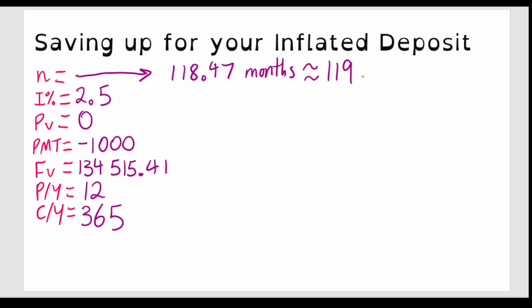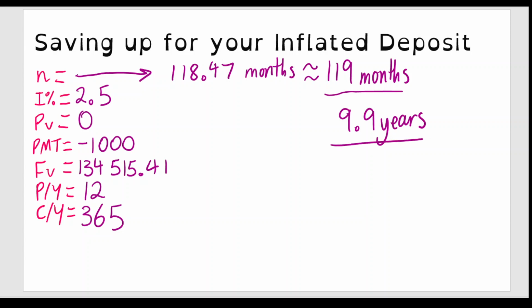We just always round it up. So we've got 119 months. If we calculate 119 divided by 12, that gives us 9.9 years. And if we compare that to our initial amount, which wasn't inflated, that was 7.6 years versus 9.9 years.